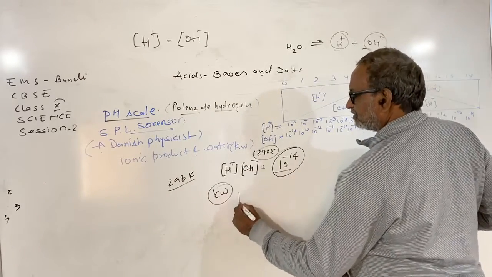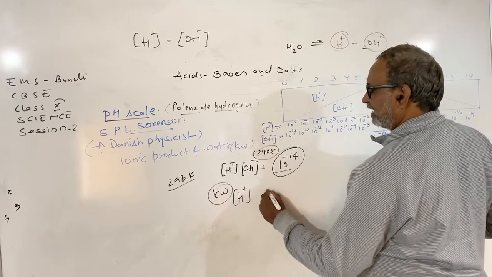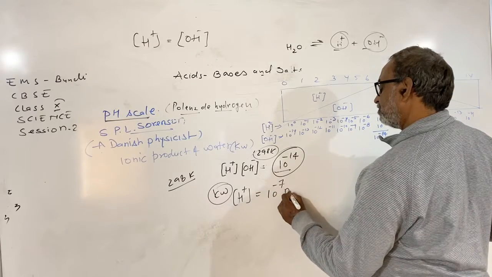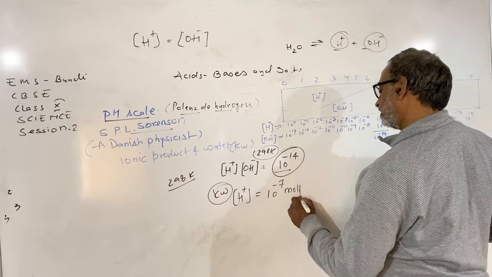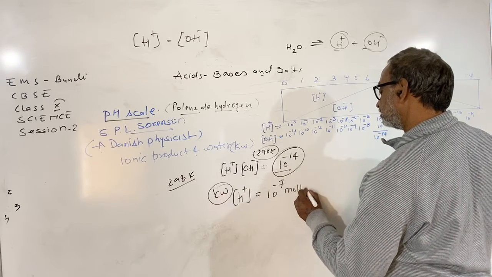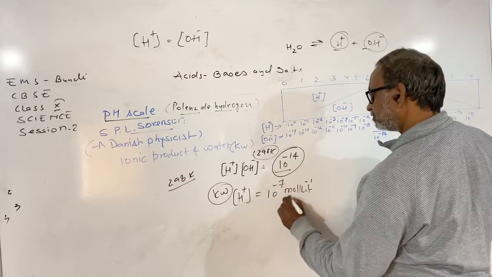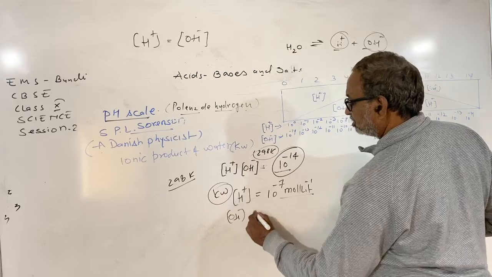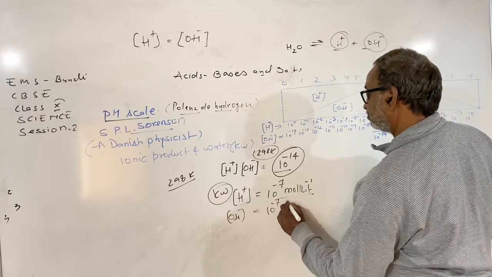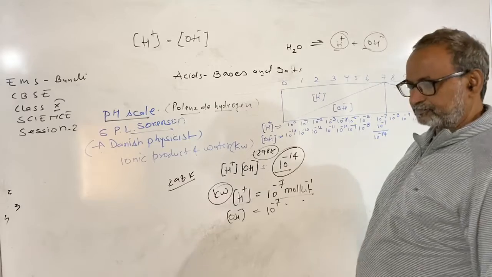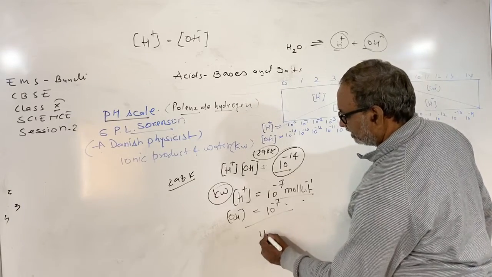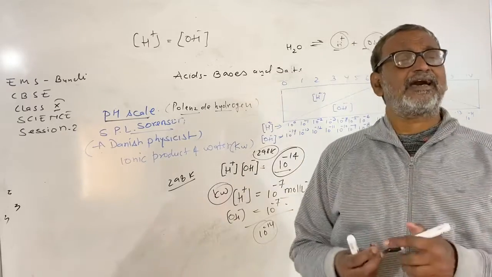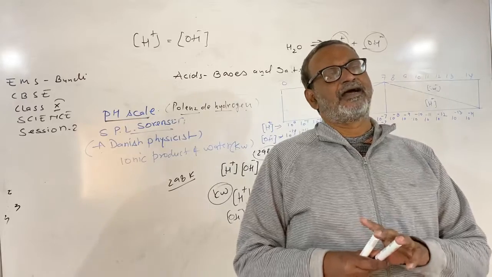Therefore, the concentration of hydrogen ion will be equal to 10 raised to the power minus 7 mole per liter, and the concentration of hydroxide ion is also 10 raised to the power minus 7 mole per liter. Ionic product is 10 raised to the power minus 14. So water contains hydrogen ion as well as hydroxide ion.